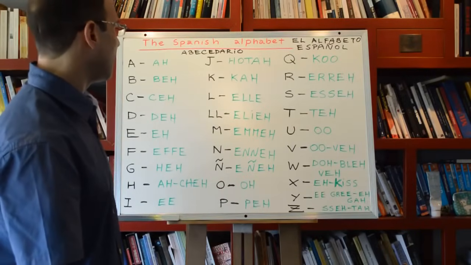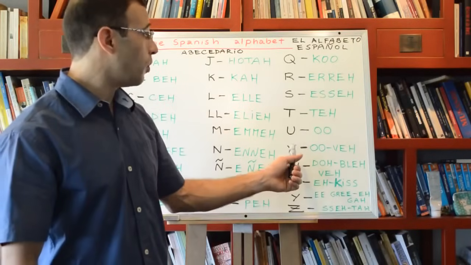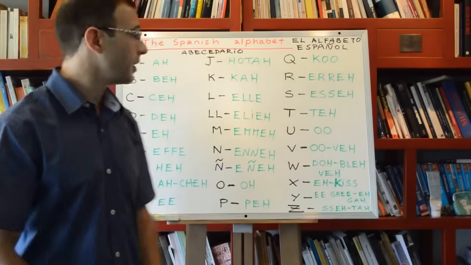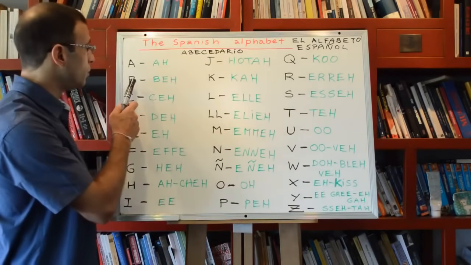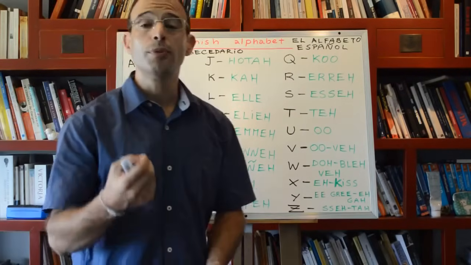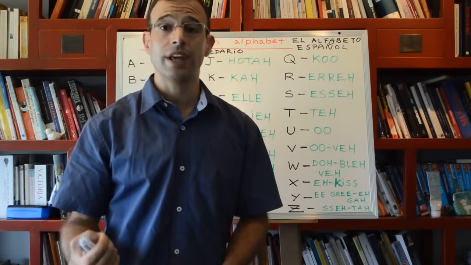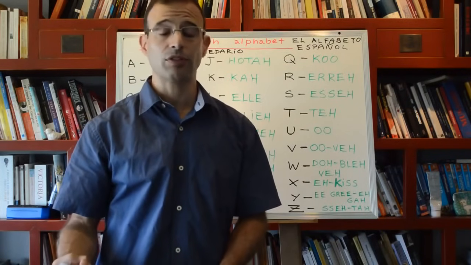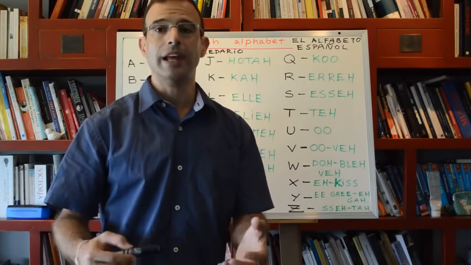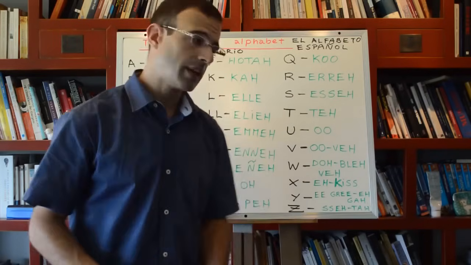Good. Letter V is called uve. Why? To distinguish it from B. English is more precise than Spanish in the correct pronunciation of consonants. It has always been. Spanish, unfortunately, tends to laziness in pronunciation of consonants. What does that mean?